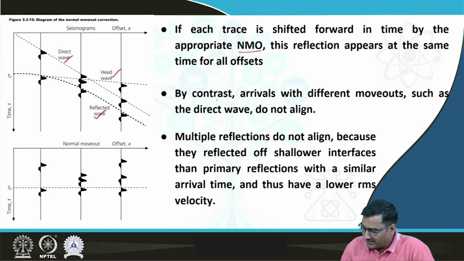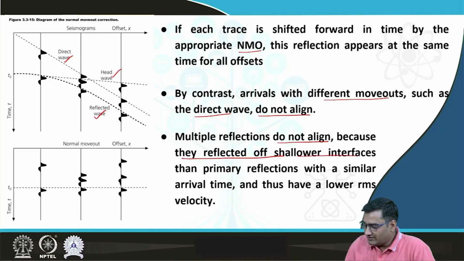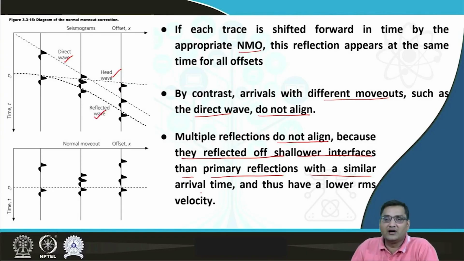By contrast, arrivals with different move outs such as the direct wave do not align. Multiple reflections do not align because they reflected off shallower interfaces than primary reflections with a similar arrival time and thus have a lower RMS velocity.